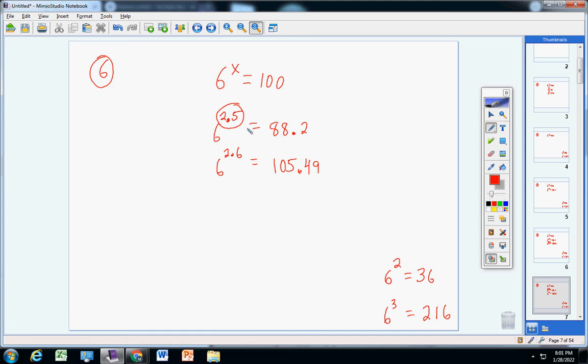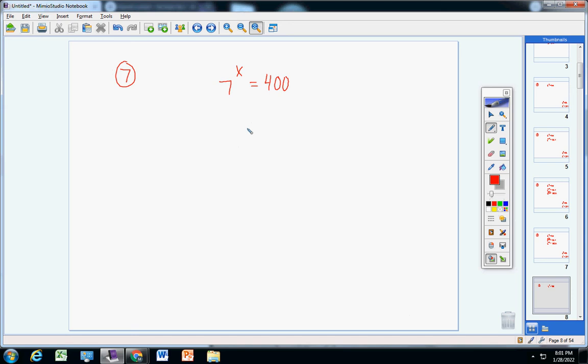That's good enough, okay? All right, 7, same thing. You cannot write both sides with the same base. So we're going to take our calculator and start typing in numbers for x and get as close to 400 as we can. So when I did that, I found out that 7 to the third power is 343, but 7 to the fourth power is 2,401. So 3 is not quite big enough, and 4 is too big. So the answer I'm looking for is somewhere between 3 and 4.